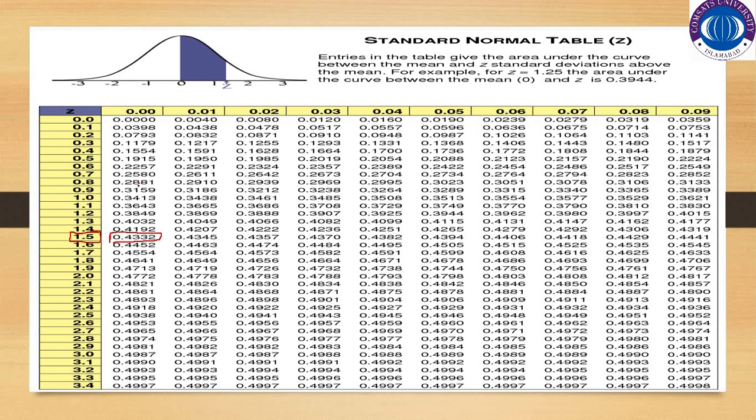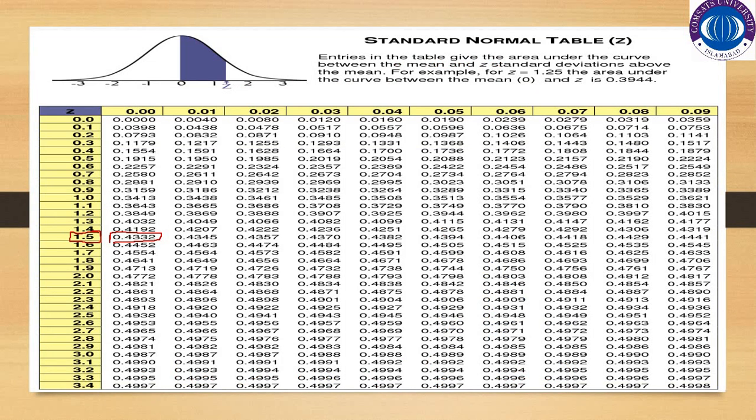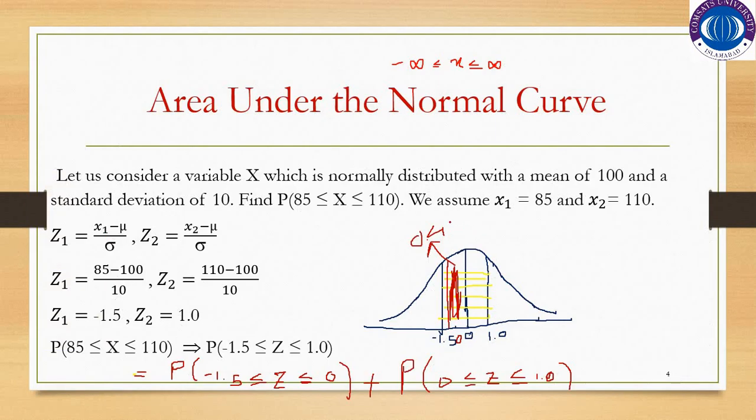So this is the area from the point 0, that is mean, to minus 1.5. So this area is 0.4332.